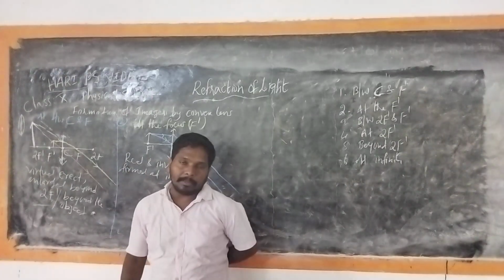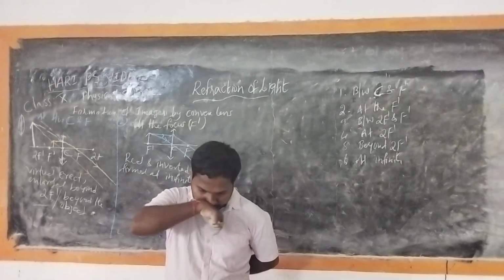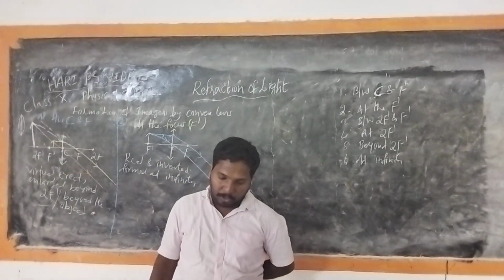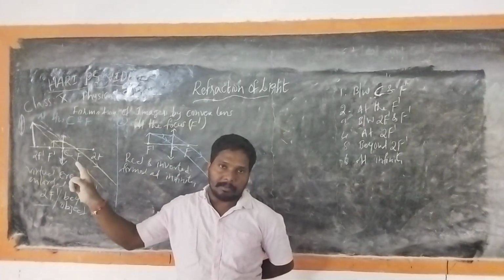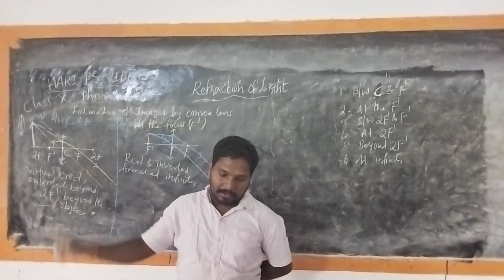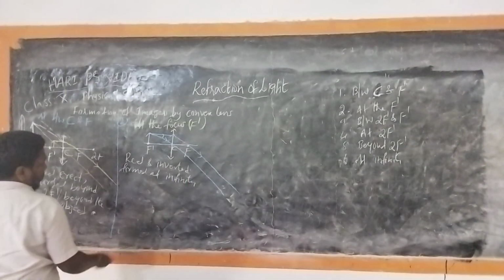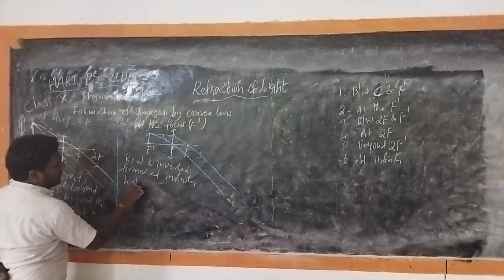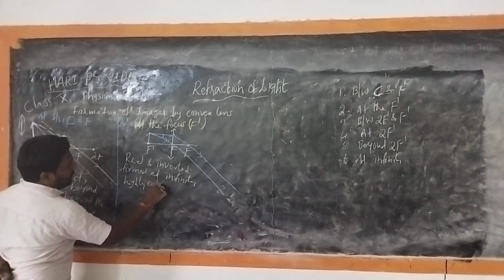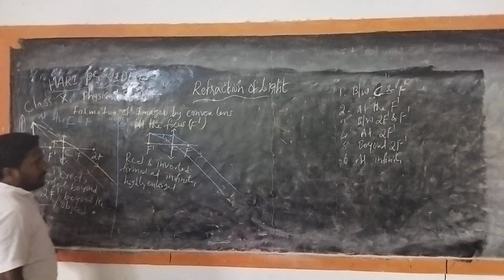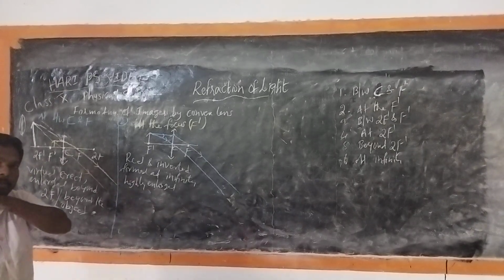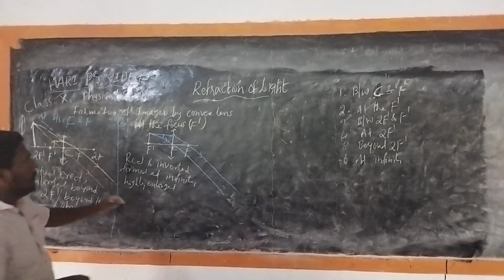If the object is placed at the focus, at infinity the image is formed, real and inverted, highly enlarged. Highly enlarged image is formed.